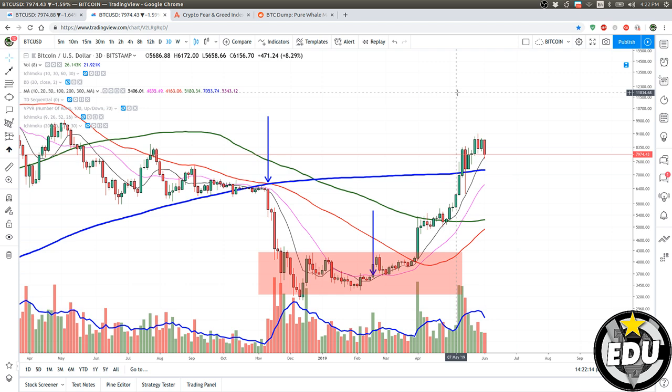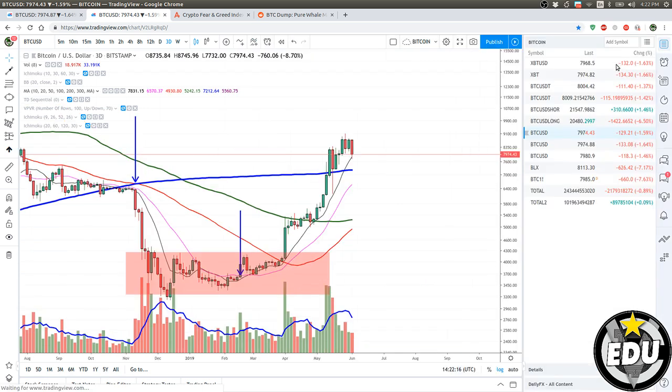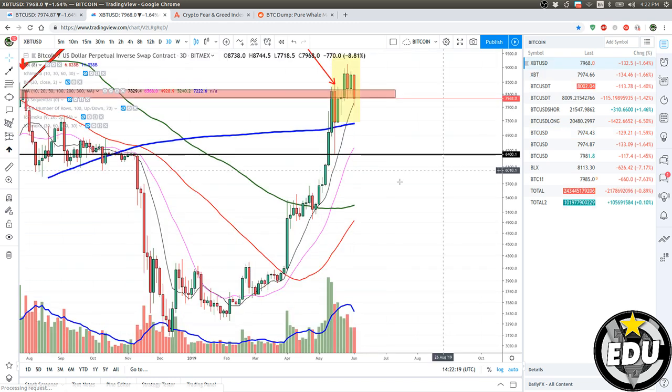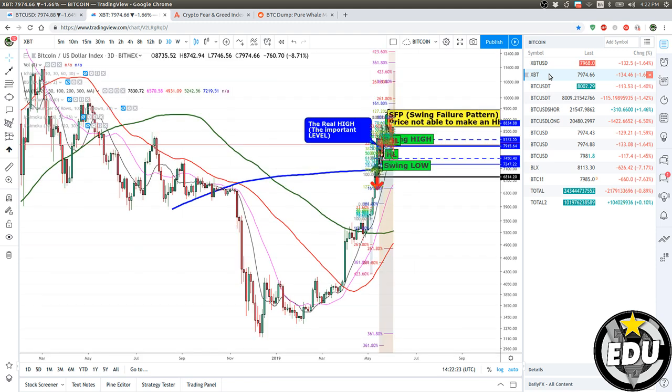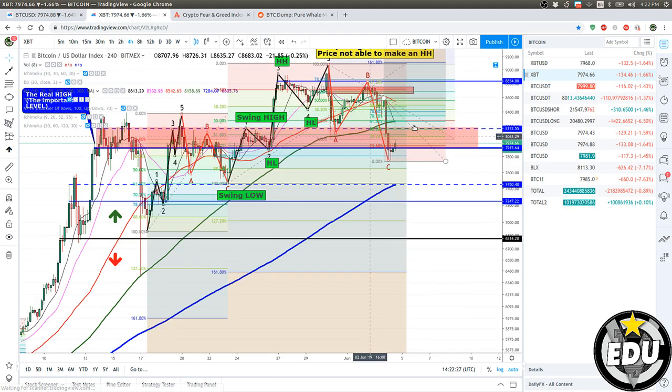My current range, let's say 8278 range, to look for breakouts there.